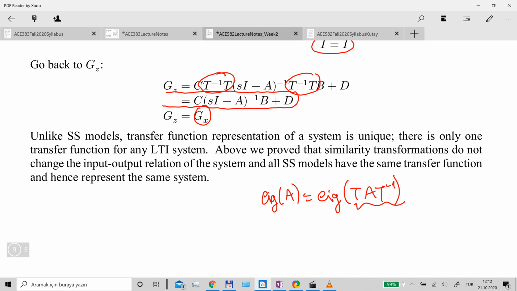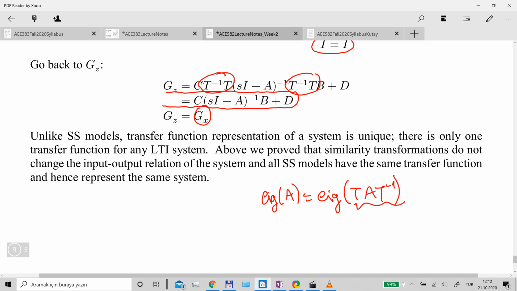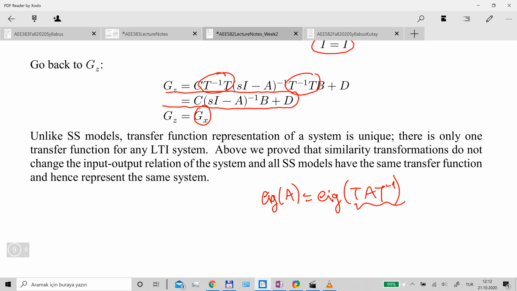For instance, you can separate the modes of the system. You can put this matrix into a diagonal form, or sometimes you can't write it in a purely diagonal form, but you write it in a form similar to that, like a Jordan form. Or sometimes certain models are known as canonical models.